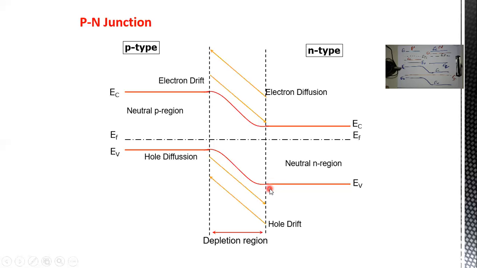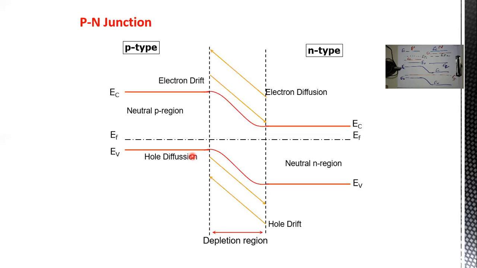And if there is a hole here, it will drift in this direction, because the energy here for the holes is lower than the energy in this state. So electrons will move from the left-hand side to the right-hand side, and holes will move from the right-hand side to the left-hand side.